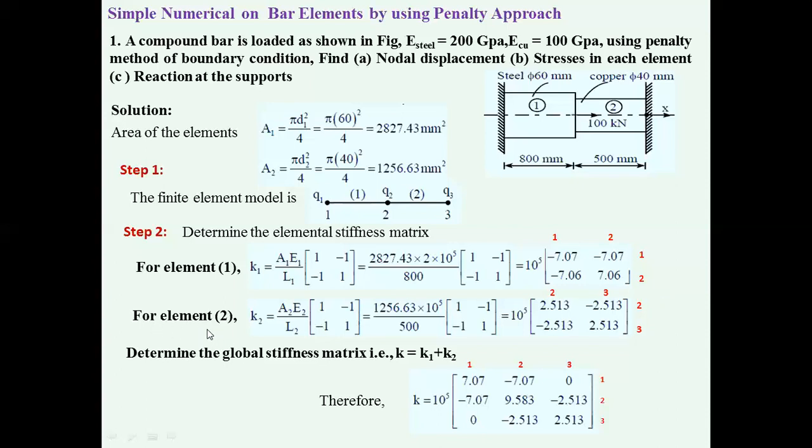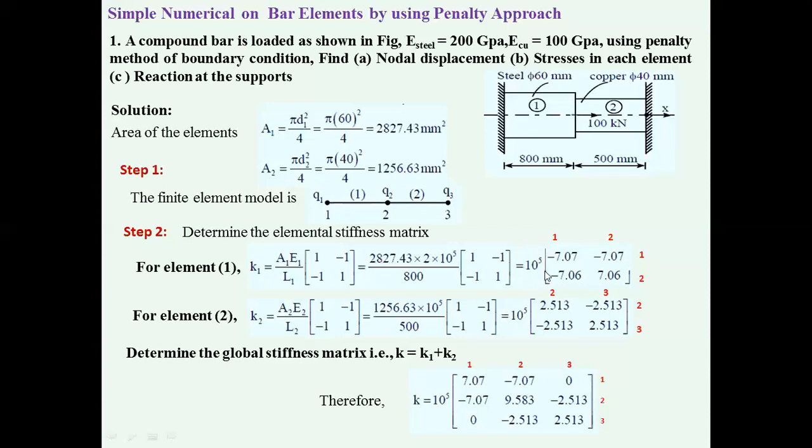Similarly, you find the stiffness matrix for the second element, K2, which equals A2 E2 by L2 times 1 minus 1 minus 1 1. You substitute the values. A2 is 1256.63, and E2 is 100 GPa, so you get 1 into 10 to the power of 5. L2 is 500 mm. After simplification, we get 2.513 into 10 to the power of 5.